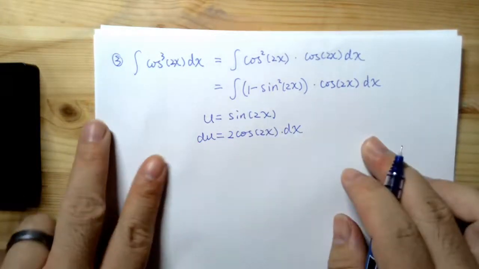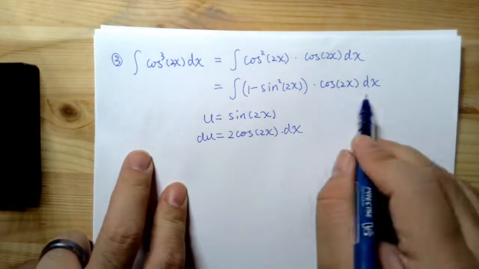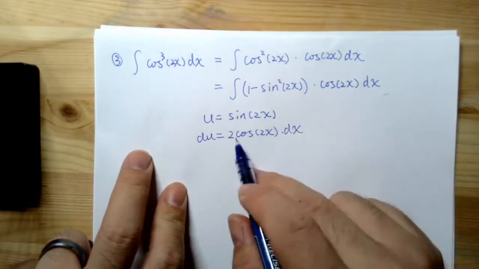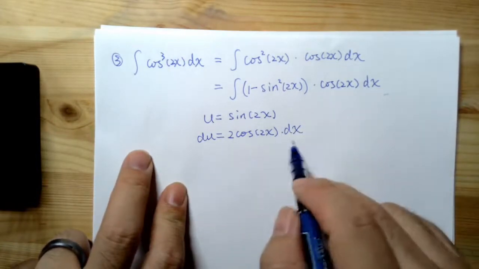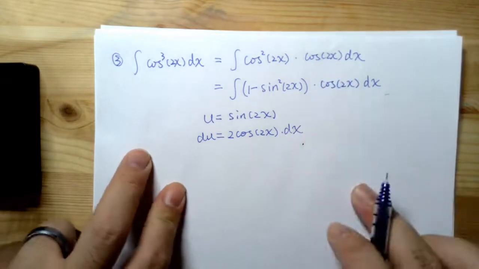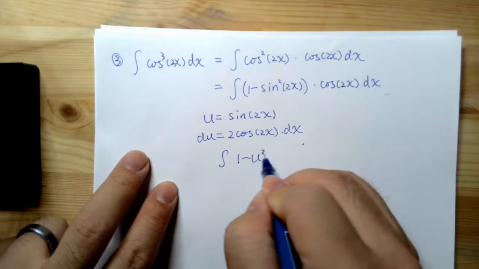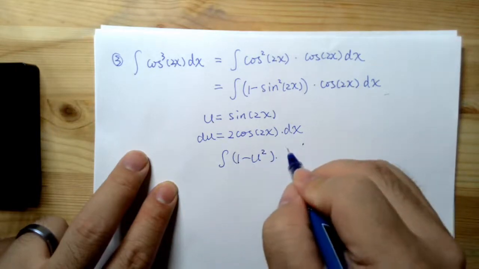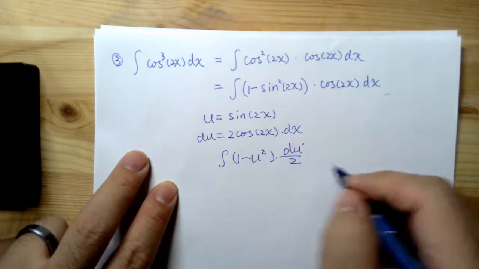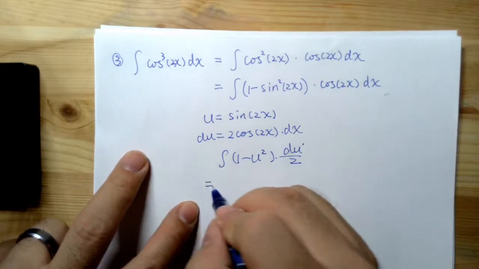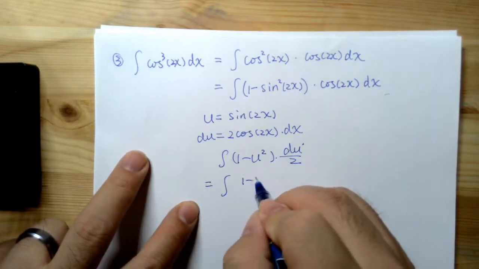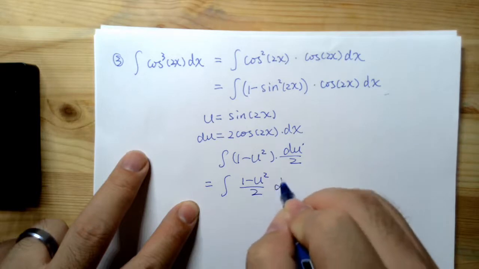Okay, look at what we have here. We have cosine 2x dx, so du over 2 is cosine 2x dx. So with our u substitution, we have the integral of 1 minus u squared times du over 2, which is 1 minus u squared over 2 du.